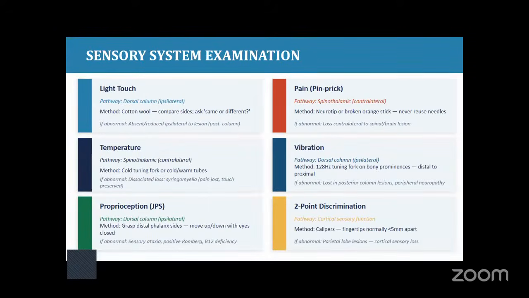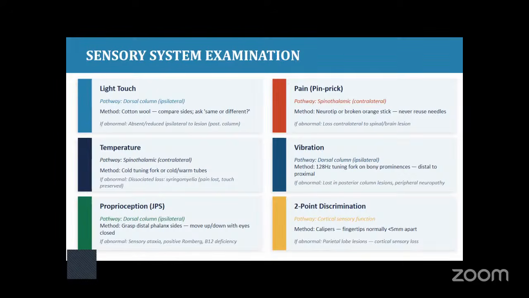Then you will do your sensory system examination. So hopefully you've carried something like a wisp of cotton. So that will do your light touch. Temperature to assess the spinothalamic pathway, if you have anything cold that you can assess the patient with.